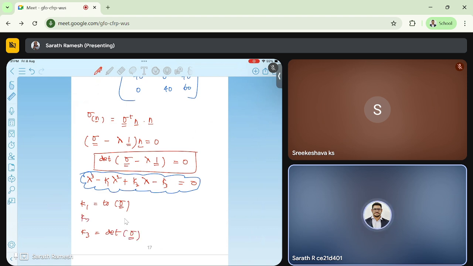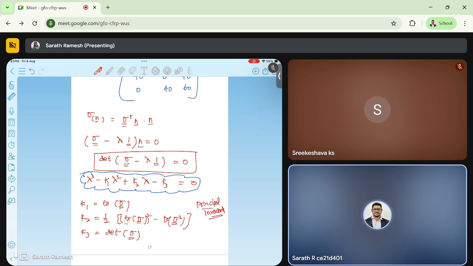For K2, when we do the computation, we will end up with half of the trace of sigma the whole square minus the trace of sigma square. These are the three principal invariants, which arise in the principal stresses problem.